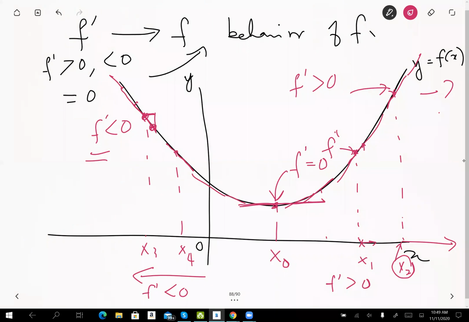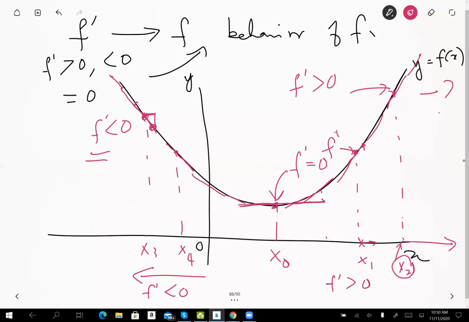So if you look at this curve, we can break it down into intervals consisting of many values of x that show a consistent sign of the derivative.